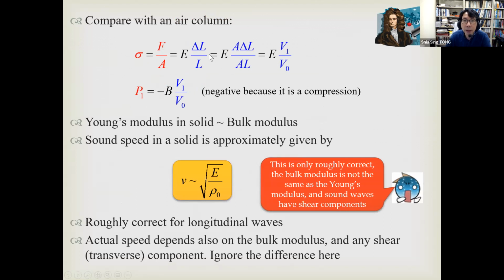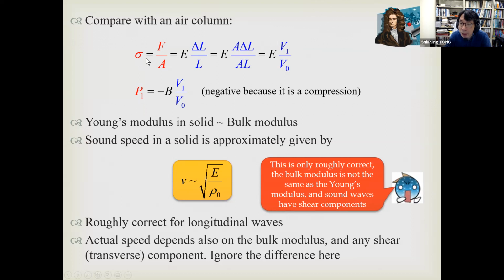Now let's compare this with the air column. This is the relationship between sigma and the strain: sigma is equal to E multiplied by delta L over L. If we multiply the numerator and the denominator both by the cross-sectional area of the wire, the numerator becomes a change in volume, and the denominator becomes AL, the original volume.